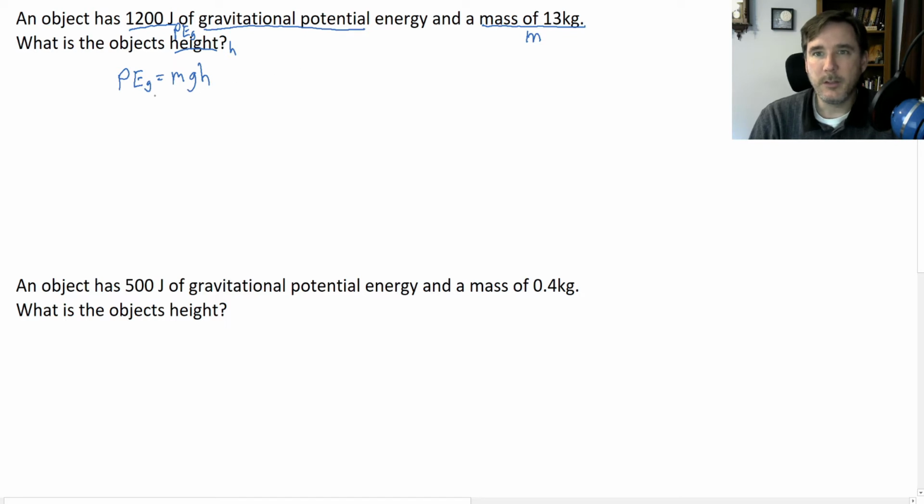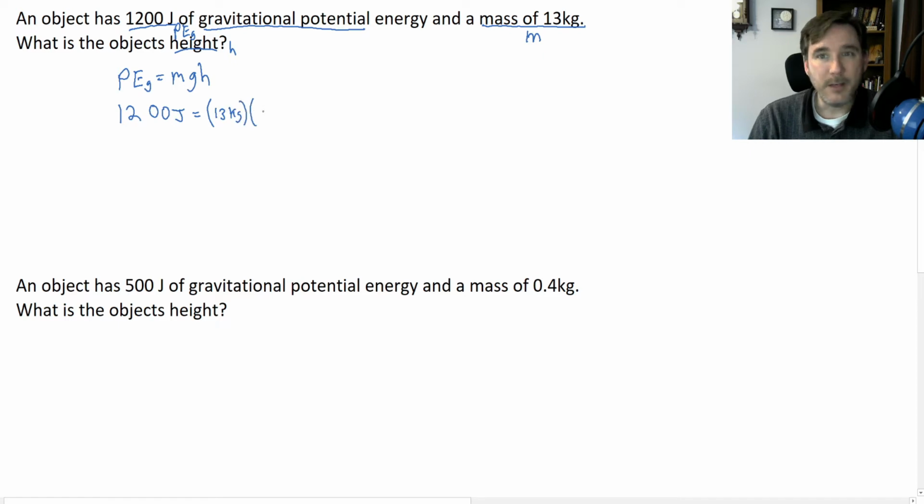Okay, so in this case, I could rearrange it to solve for the height right now. That's one way to do it, just without putting in numbers, and that's the preferred way. But if you're just starting out, it might be easier to visualize this by just putting in the numbers and then solving for what you're trying to find. So PEG, it tells us, is 1200 joules, and we know the mass is 13 kilograms.